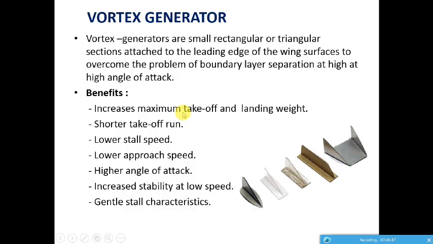The purpose of these vortex generators is to create turbulence. Usually we have discussed so far that we need to get rid of the turbulence which causes stall, but here is a special case wherein you try to create turbulence in order to keep the airflow attached to the upper surface of the wing.